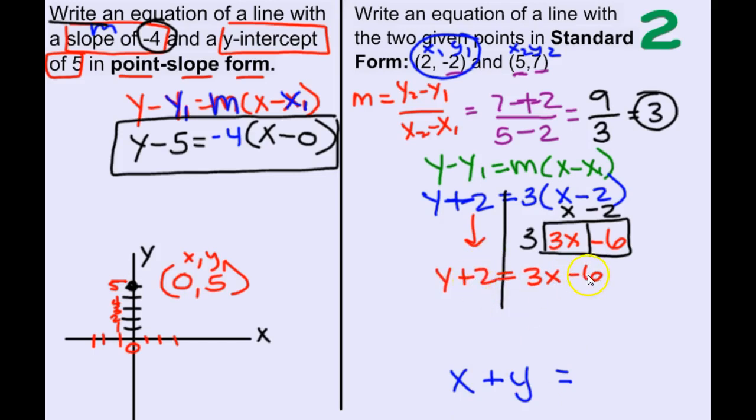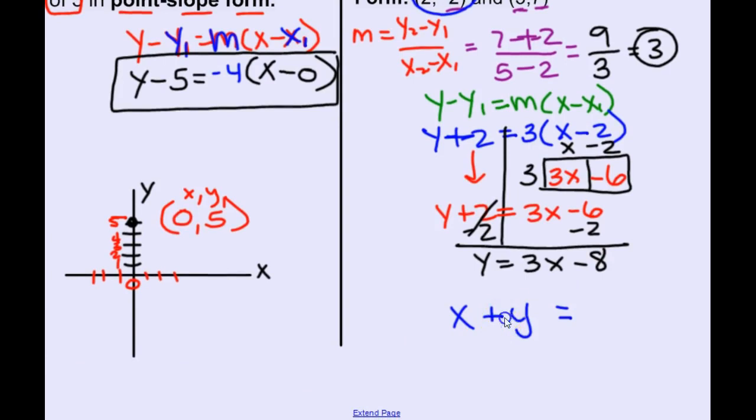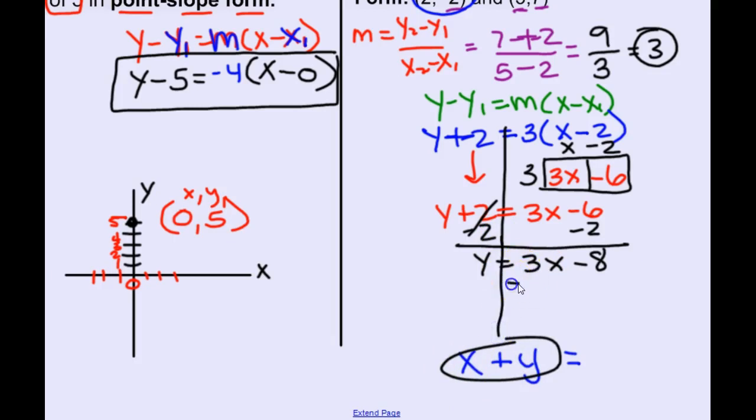Now, we need this 2 over to be with the number, so all the numbers are together, so I'm going to subtract 2. And we have y equals 3x minus 8. Remember, same sign, add and keep. And then we need x and y on the same side, like it says here. So I'm going to move my x's, subtract them over to the other side.